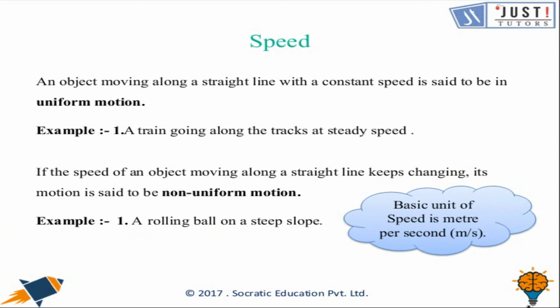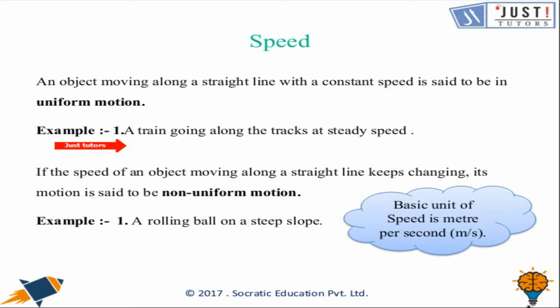Now the speed can stay constant and also vary. An object moving along a straight line with a constant speed is said to be in uniform motion. A given example right here is a train going along the tracks at a steady speed. Another example would be a cooling fan running at a fixed speed.